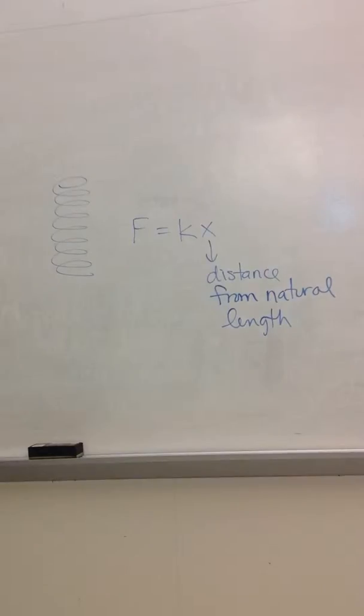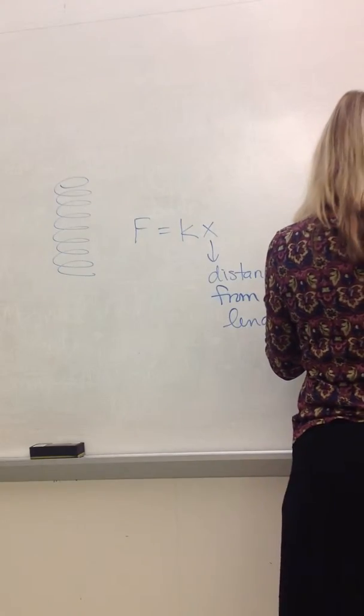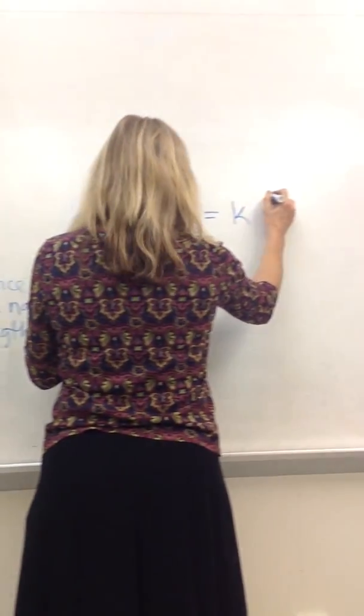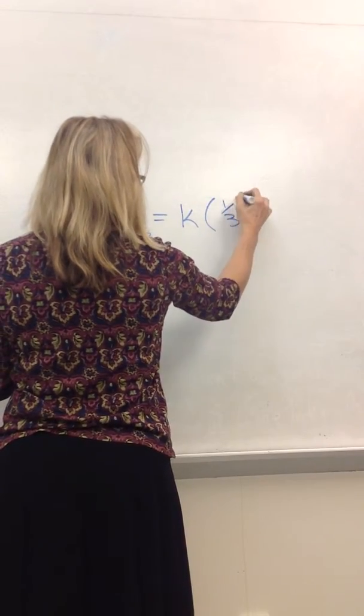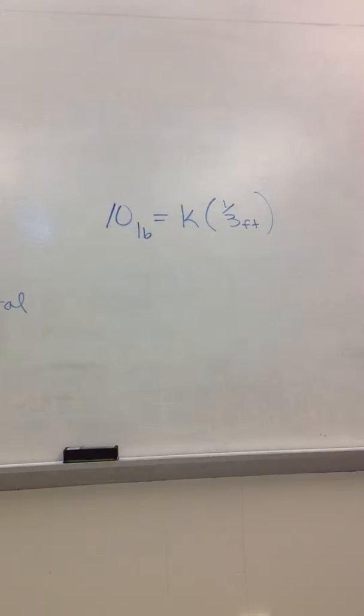So we're told that a force of 10 pounds is required to hold a spring 4 inches stretched beyond its natural length. So a force of 10 pounds is required to pull it 4 inches, and 4 inches is 1/3 of a foot, beyond its natural length.